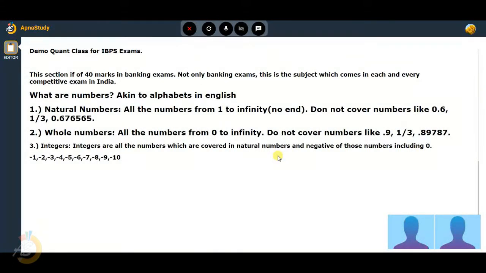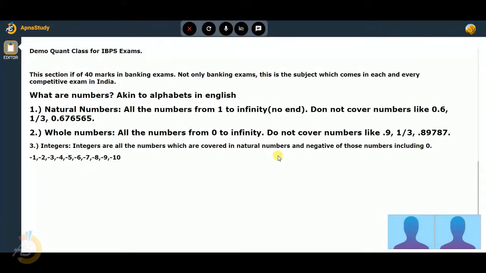So these are integers. Or as we have written, integers are all the numbers which are covered in natural numbers and also negative of those numbers. So -1, -2 and all these numbers come under integers, but they are not natural, because natural numbers are only positive and whole numbers are also positive.